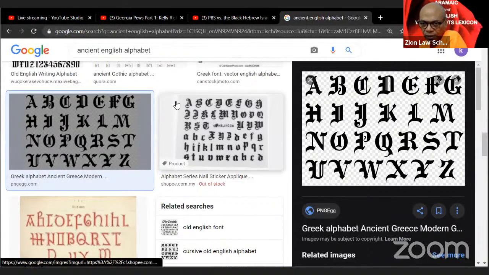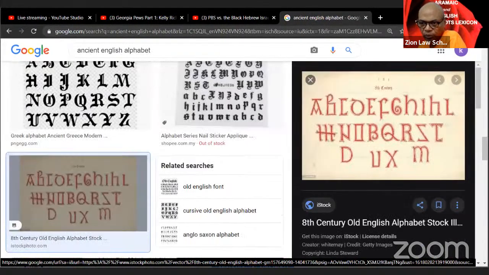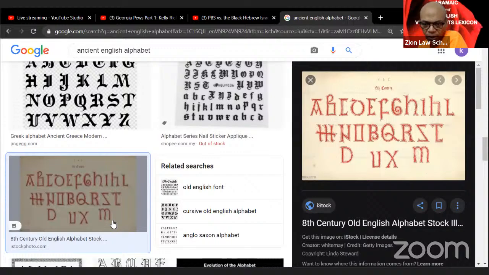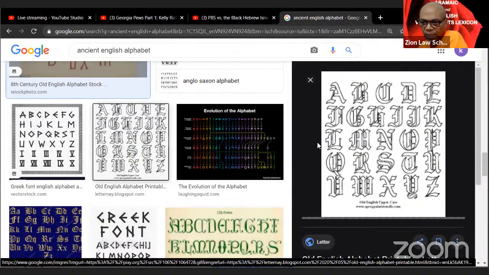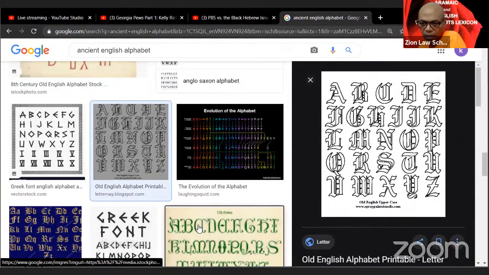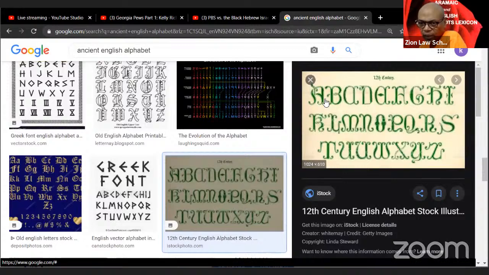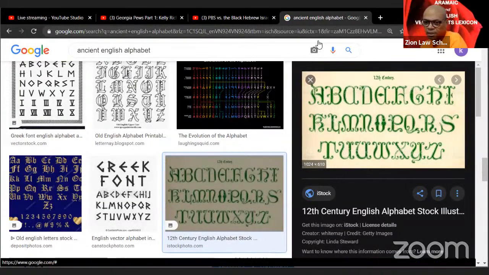And in this case, the line in the middle is more thick compared to this, right? But we know it's the letter A. And in this case, it's also different. You can use the same type of analysis. Here also, okay, so the curvature and the angles of the letters are different, but we still know it's the letter A.